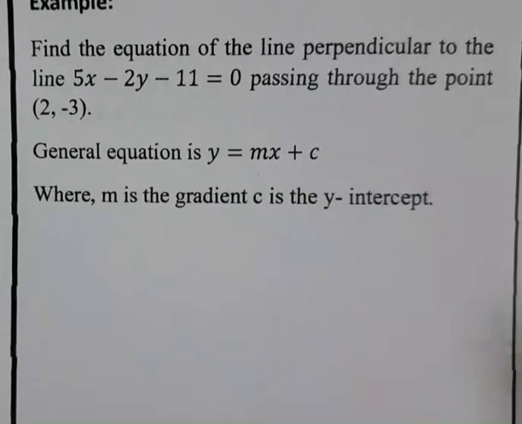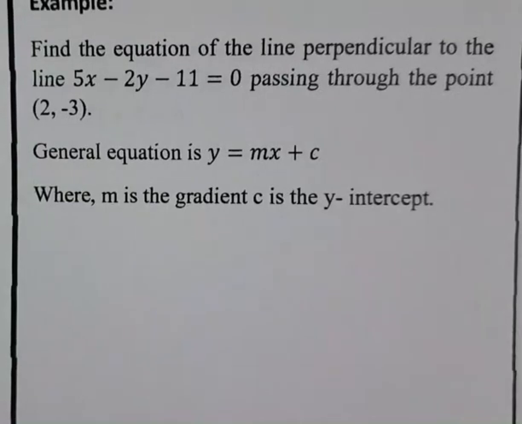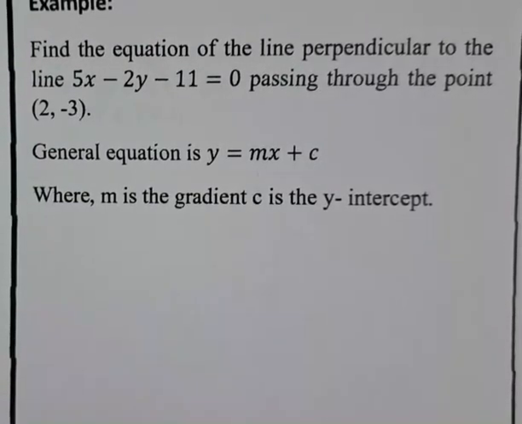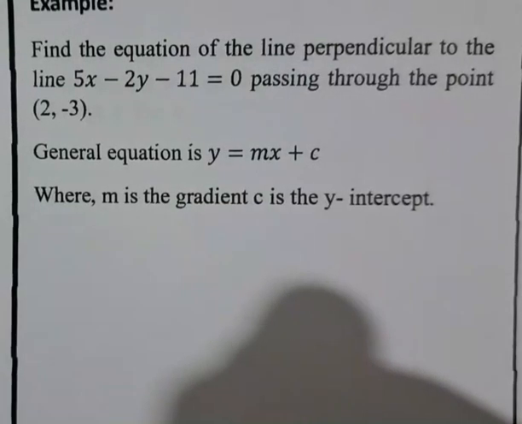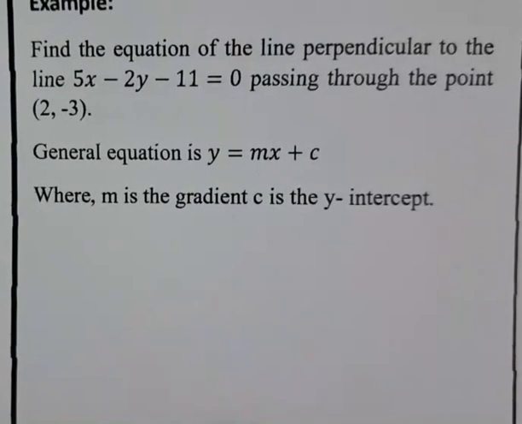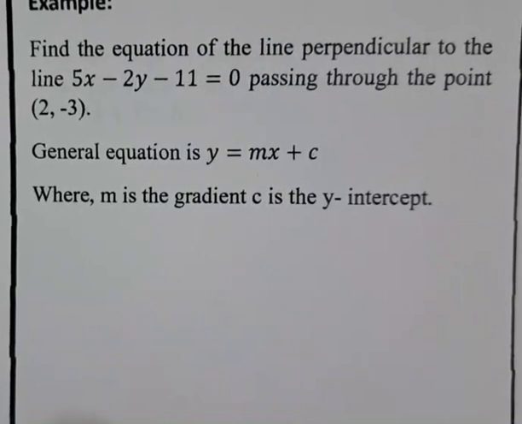If I just say reciprocal, it means flipping them, but in this case even the sign is affected. For example, if the gradient is 2, the gradient of the line perpendicular to it will be negative 1 over 2.